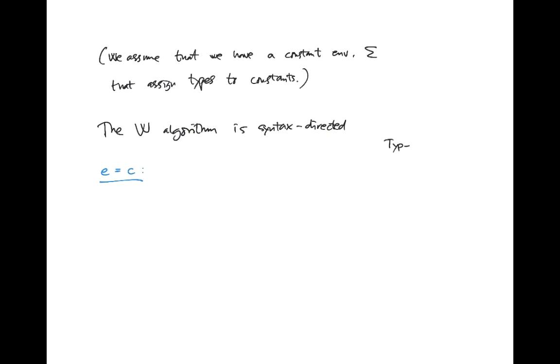So the type rule here says that if the constant environment gives the constant C the type T, then in type environment E, C has type T. So here the course of the algorithm is to return, well, what do we return as the substitution? The identity substitution, there's nothing to say, and the type that we find by looking it up in the constant environment. So that case is quite simple.